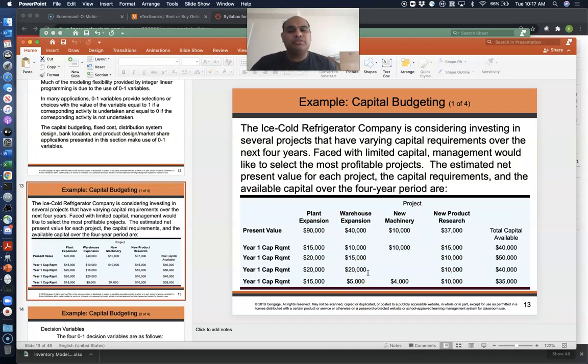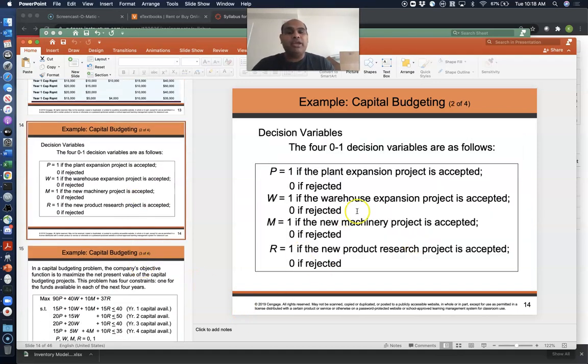Now, in this case, it's pretty straightforward. You have 4 projects to pick. You either pick the project or you don't. Those are the only 2 options. If you pick the project, you are going to have those capital requirements over the next 4 years. If you don't pick the project, you don't have those requirements, right? So your decision variables are whether or not you pick those projects.